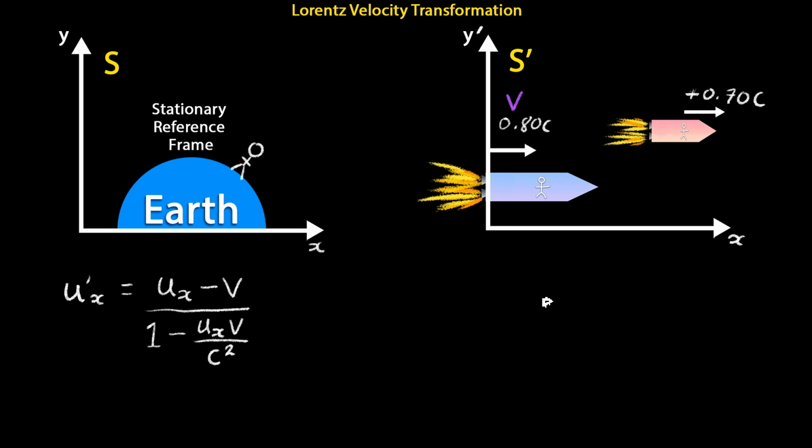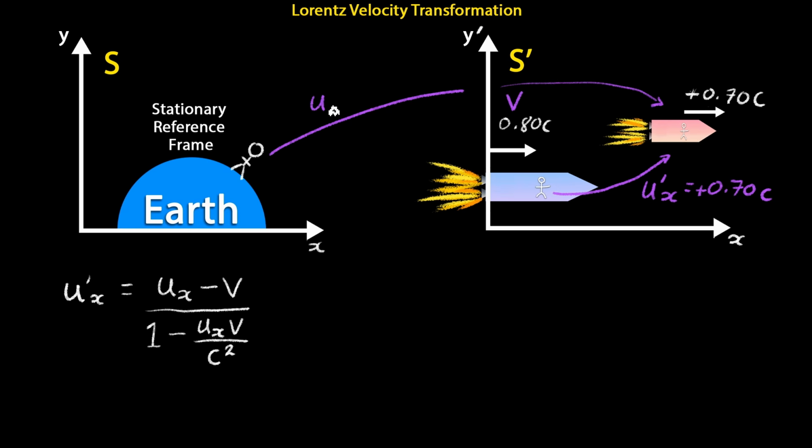But 10 hours into our journey, or into my journey, I decide to send a probe towards Planet 9 at 0.70 times the speed of light relative to my spacecraft, or relative to my frame of reference. So according to me, I've shot off a probe to Planet 9 at 0.7 times the speed of light. But how fast is this probe going relative to you on the Earth?